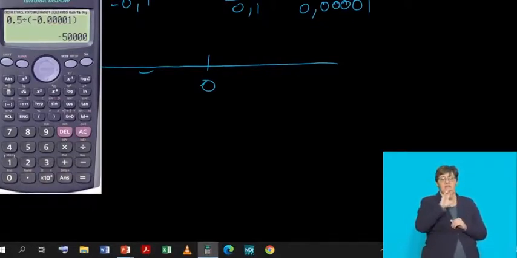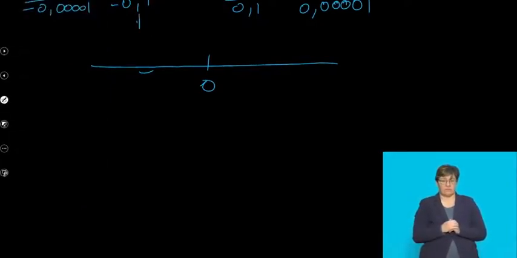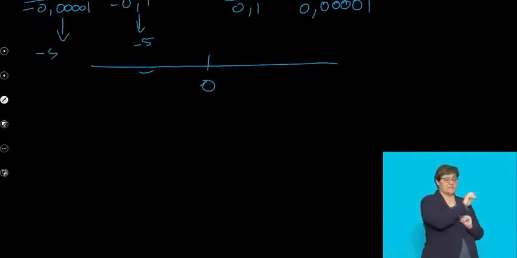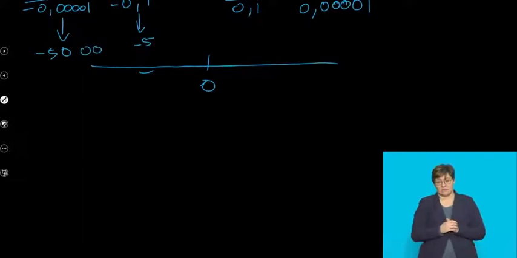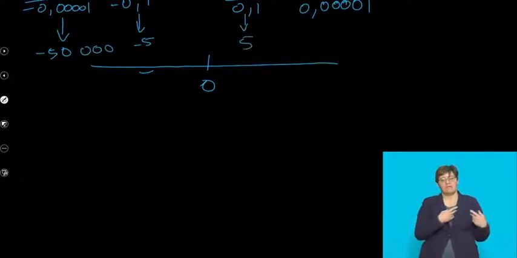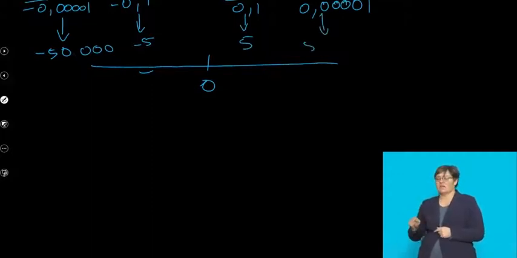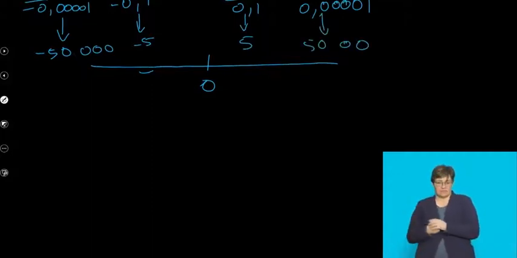So now I'm at negative 50,000. So this one gave me negative 5, and this one gave me negative 50,000. So in simple terms, even on this side, this will give me a positive 5, and this will give me 50,000.